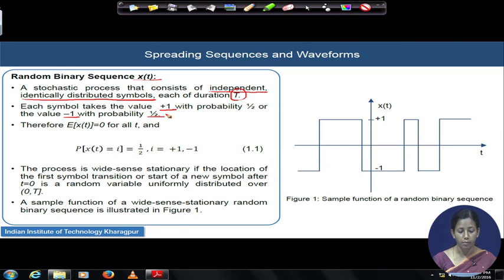For this equal probability, we can write the expression as the probability that x(t) equals +1 or equals -1 is half, as explained. Hence, if I draw the sample function of this random binary sequence x(t) in figure 1 with respect to the time axis t, the values will be +1 or -1 and the figure will look like this.